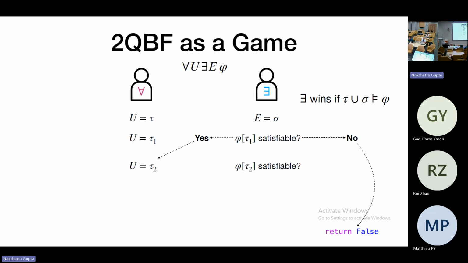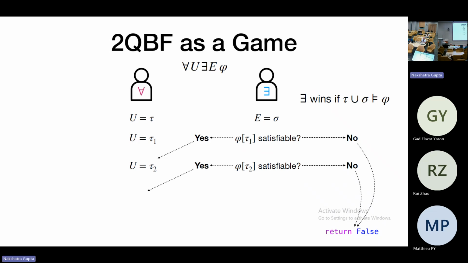Okay, so move on to a second assignment. Can ask the same question here. We plug in that move by the universal player, ask, is the resulting propositional formula satisfiable? So is there a move for the existential player to respond? Again, if that's not the case, the QBF is false. Otherwise, we have to continue.